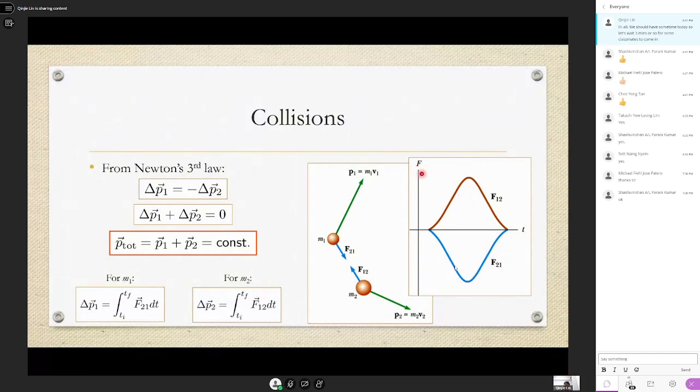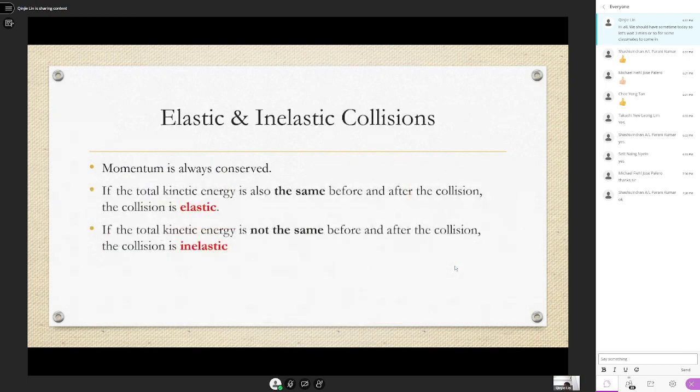If you look at the force versus time graph, when two things collide, the force that they each experience will look something like that. One will go up, and the other will look the same in magnitude but in the opposite direction. This is Newton's third law. Okay, so far?